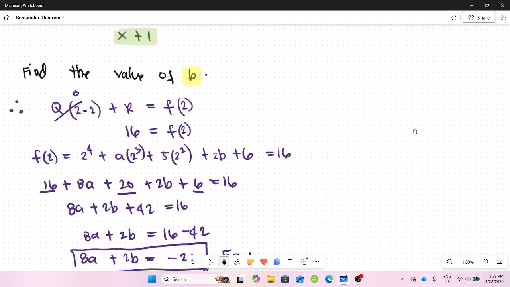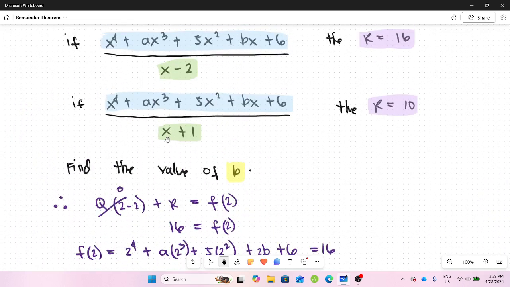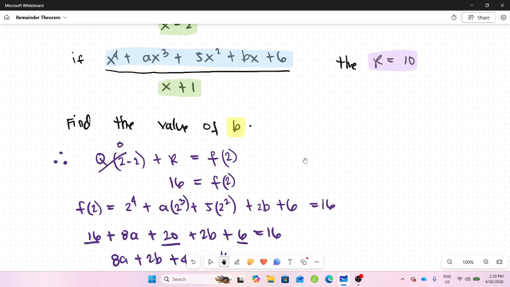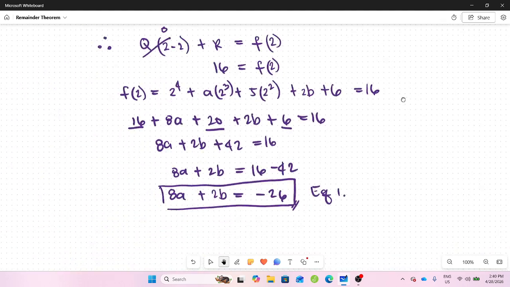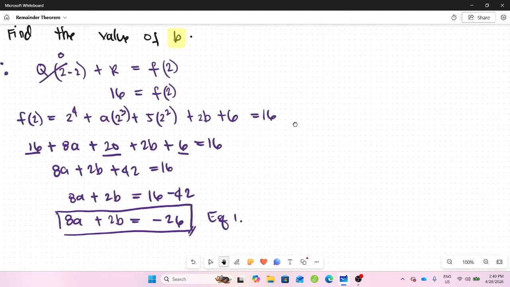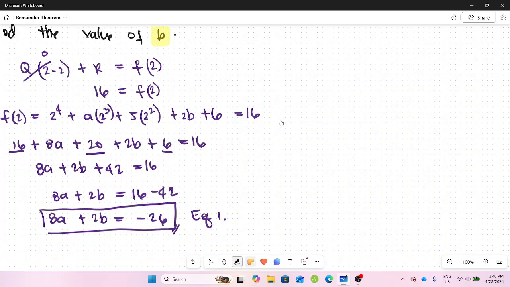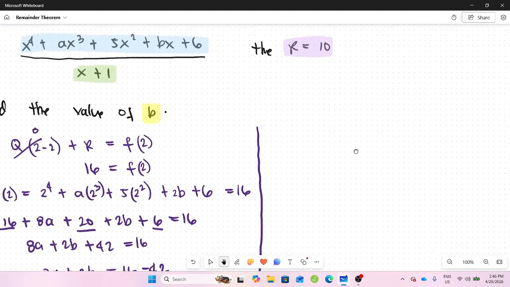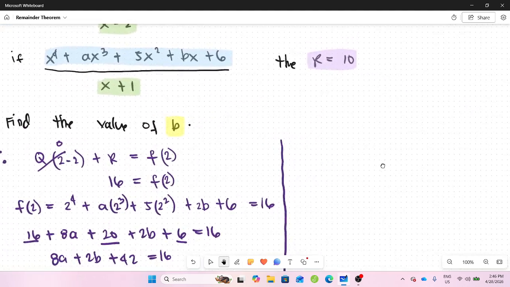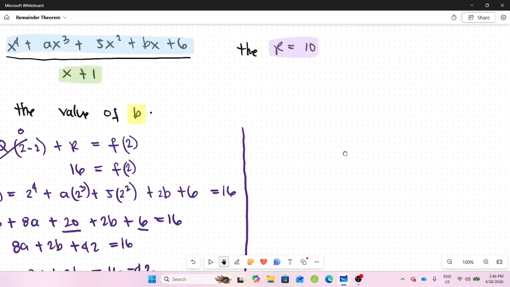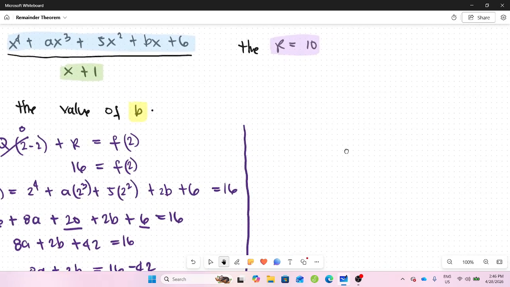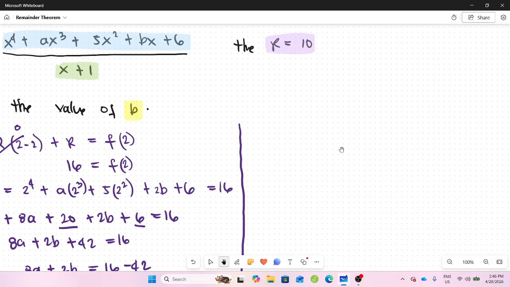Now let's proceed to the second one, where the divisor is x plus 1. Let's draw a separator here. So let's proceed to the second condition. Similar to what we did with the first one, we're going to apply the remainder theorem.